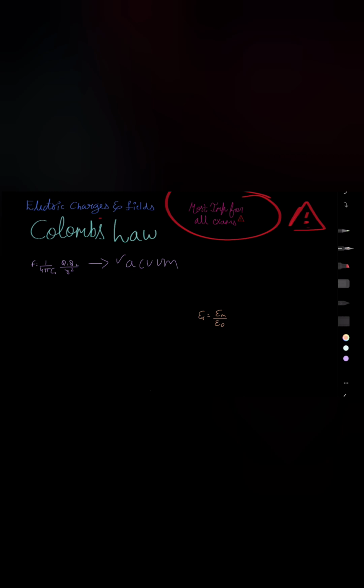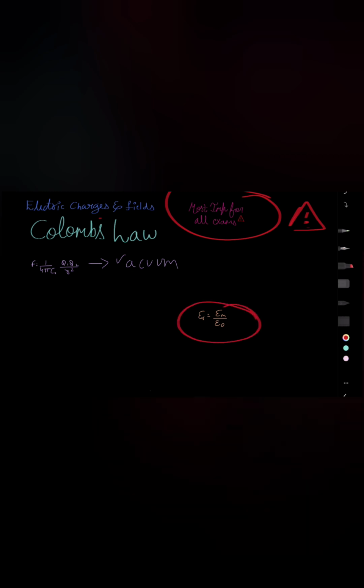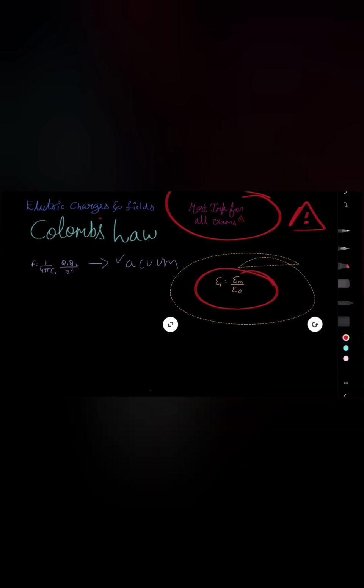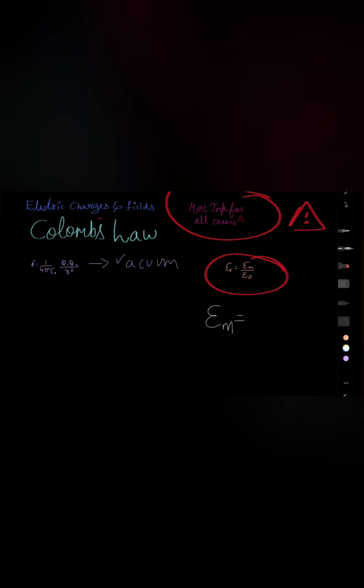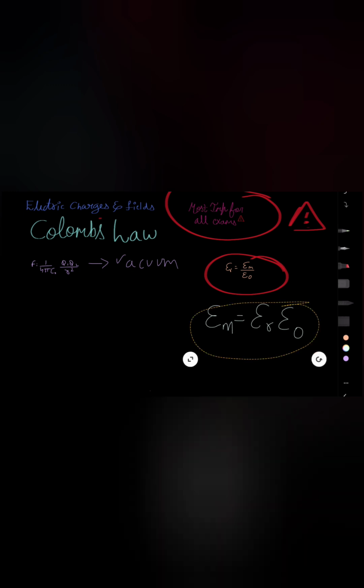To understand it is very important. Now, what will be the permittivity of the medium? It will be the relative permittivity times the permittivity in vacuum.